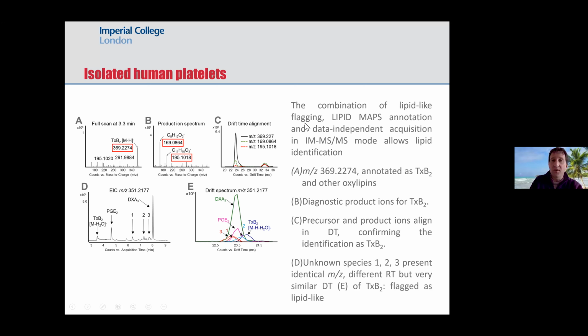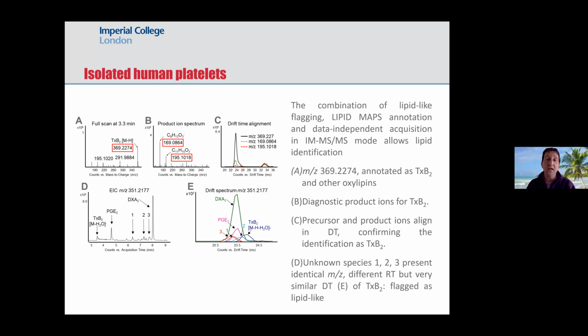So if I take you through the identification, first of all, of a particular thromboxane, thromboxane B2 over here, we can initially do a match in terms of its exact mass, which is shown in A. We can then look at the diagnostic product ions from this particular oxylipin, and then we can look at precursor and product ions, and we can use the drift time to align those nicely to make sure that we're not fragmenting anything else.